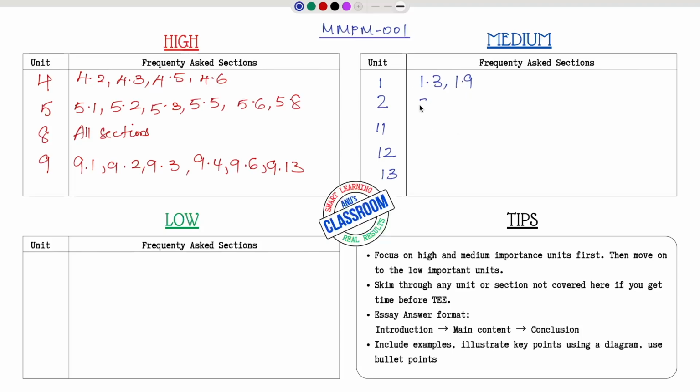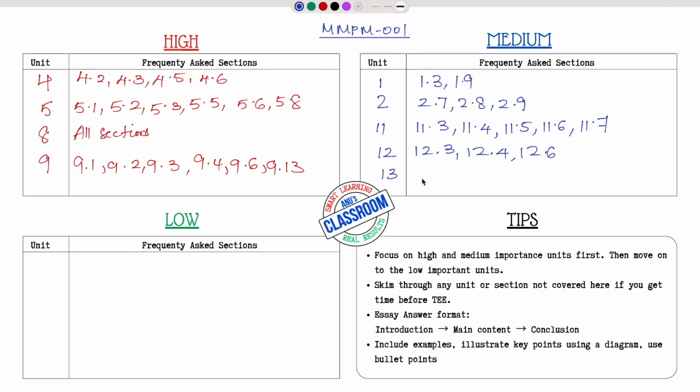From unit 2, questions have mostly come up from 2.7, 2.8 and 2.9. From unit 11, mostly questions have come from 11.3, 11.4, 11.5, 11.6 and 11.7. From unit 12, questions have been mostly asked from 12.3, 12.4 and 12.6.